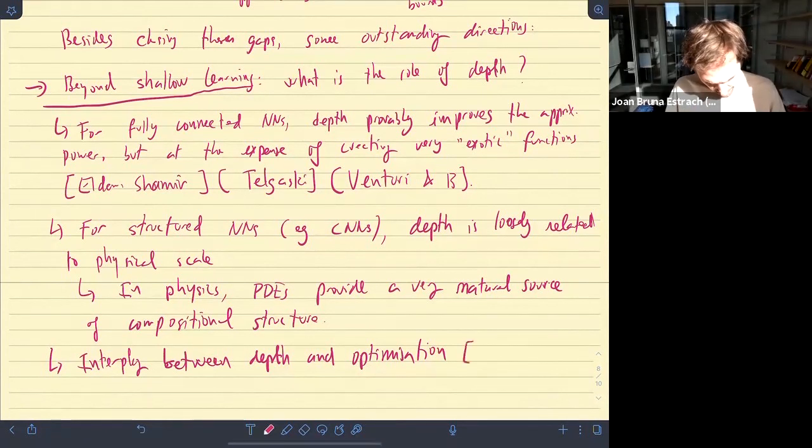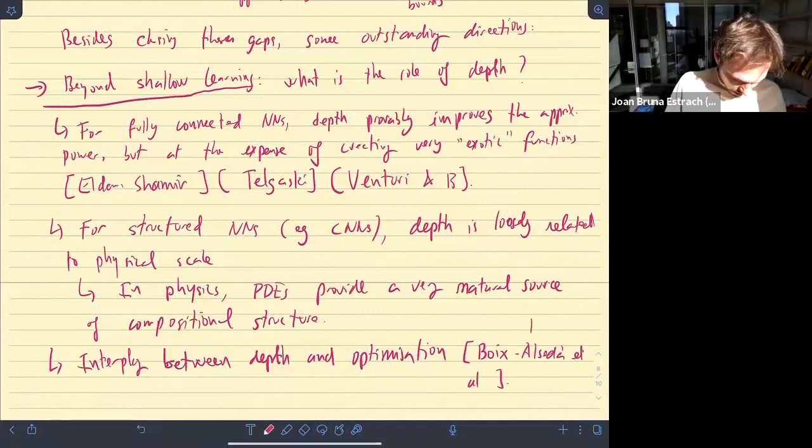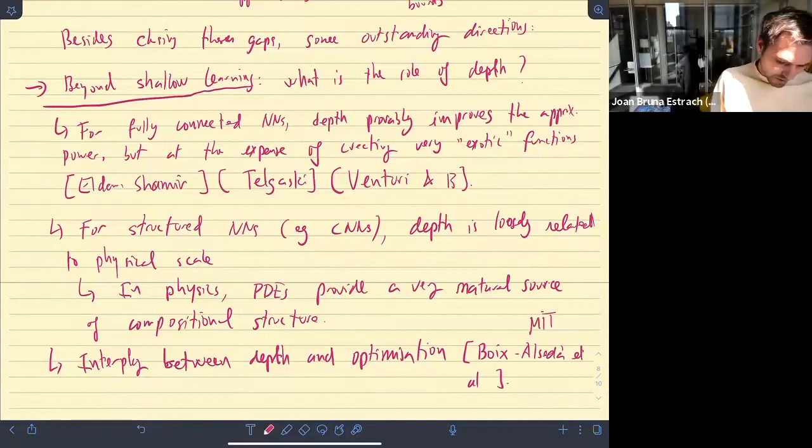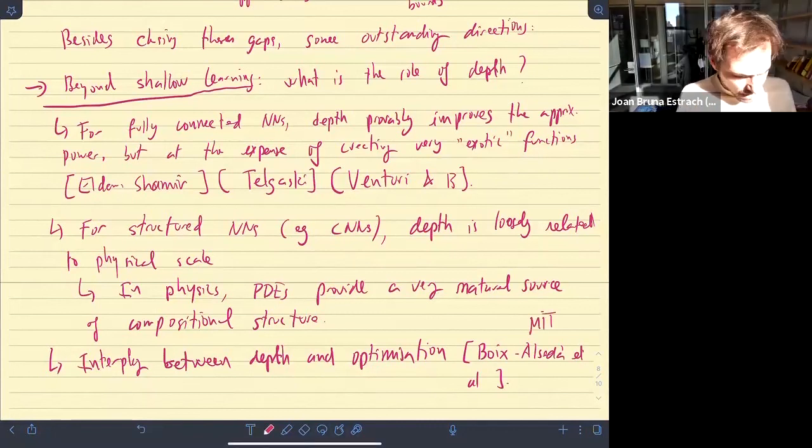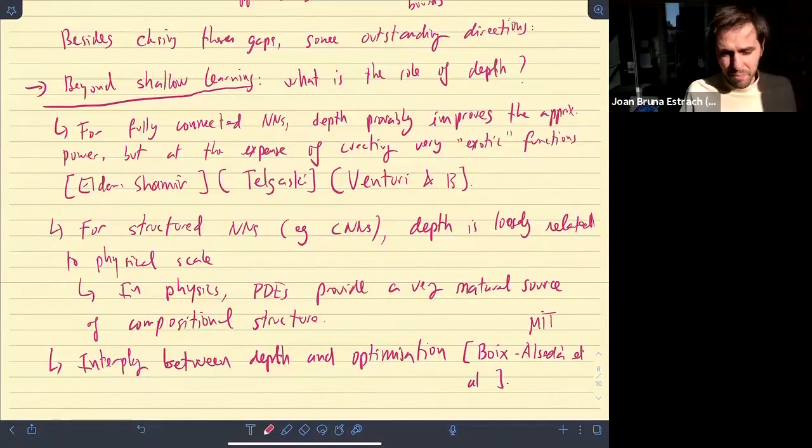And there's a nice work by the Catalan researcher Enric Boix, who is doing very nice work at MIT on this kind of problem. It's a very nice construction that leverages depth to truly learn certain classes of functions.